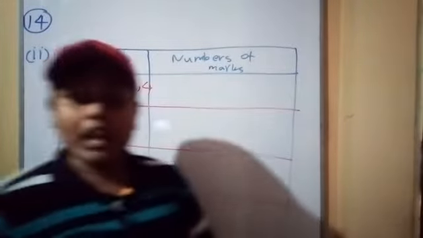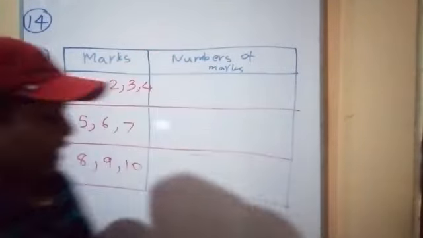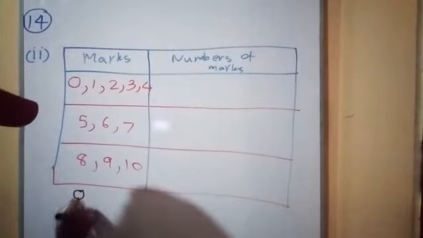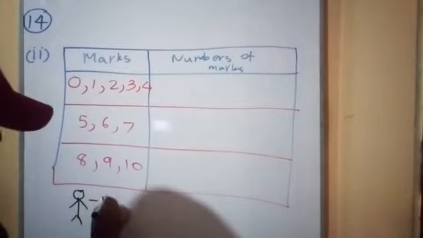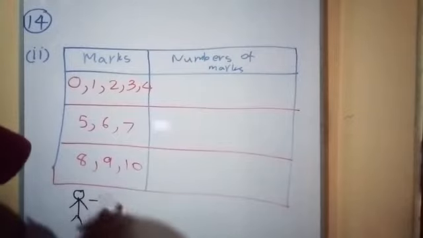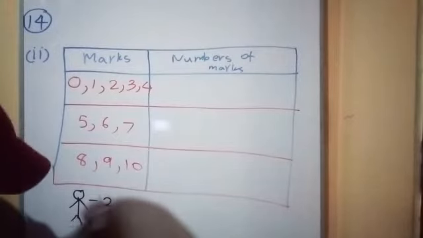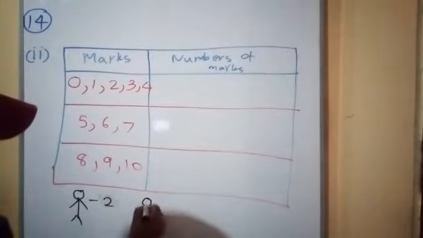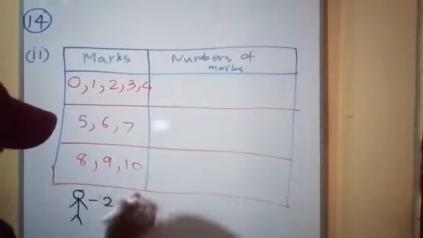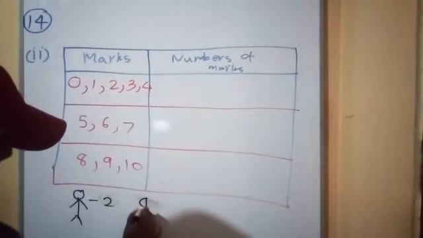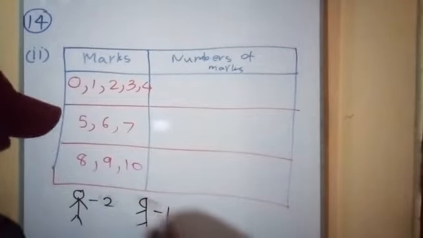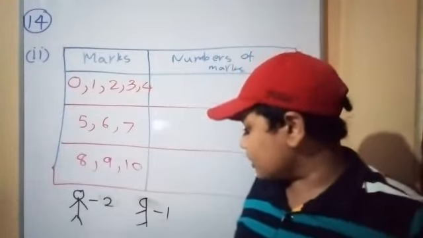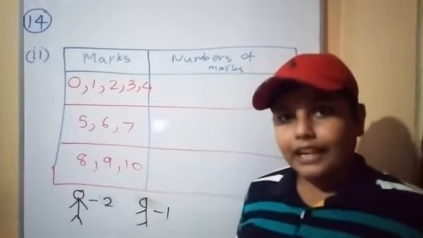Now how can we make a picture graph? The full man is called 2, and the half one you can say 1, right? Like this, the full one is 2, the half one is 1.